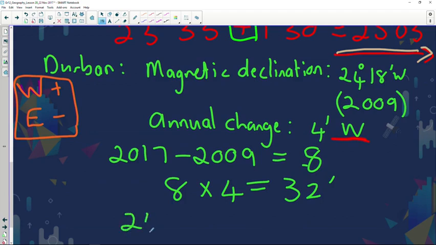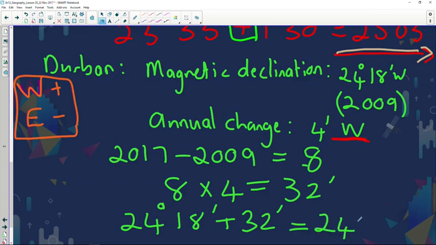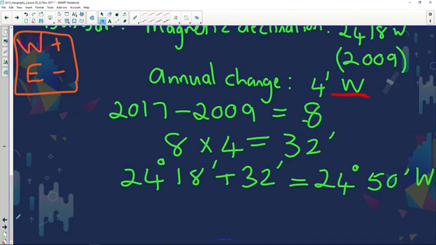We take our magnetic declination, 24 degrees, 18 minutes, plus 32 minutes. So 18 plus 32 gives us 50 minutes. So our correct answer will be 24 degrees, 50 minutes west. Keep in mind the degrees did not change because our minutes did not exceed 60 minutes. And that's our correct answer.